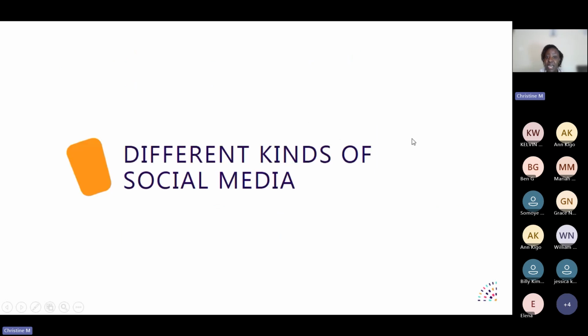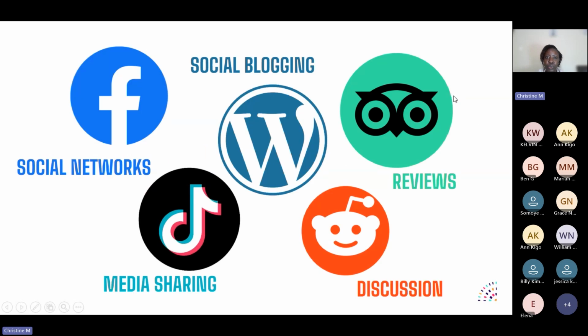So there are different kinds of social media that we need to know about so that we can understand how best to use social media and which ones best apply for what kind of business. This is just another screen showing different types of social media. Here we are looking at different types of pictures showing different types of social media.